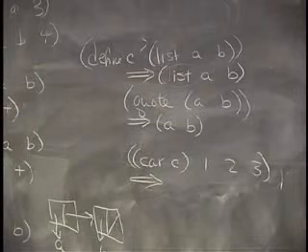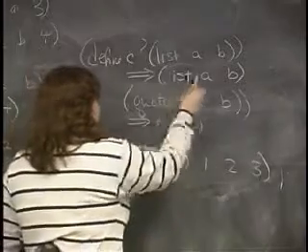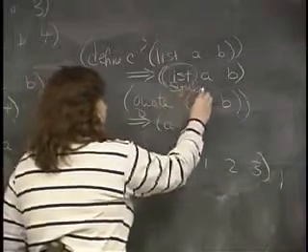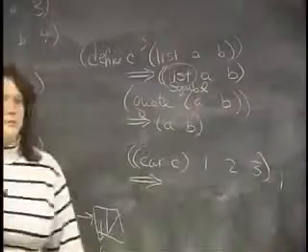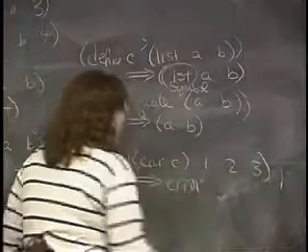No. Why not? The car of C is list. Right, this is now a symbol list. This no longer is the primitive procedure list. It's the symbol list. So actually Scheme is going to return an error if we try to do that.